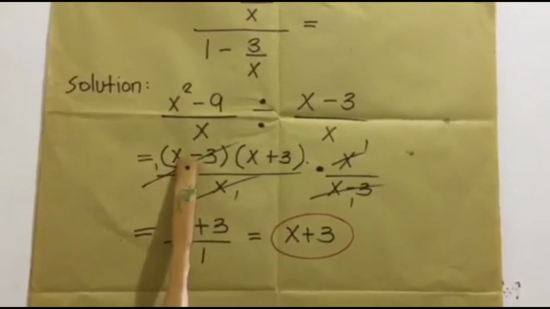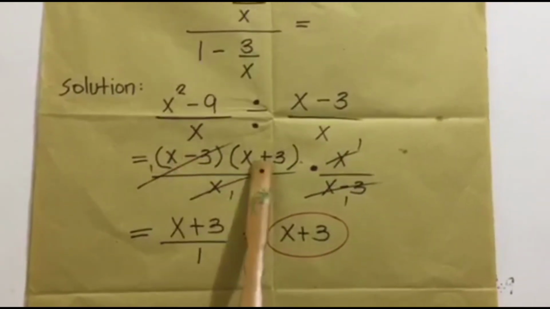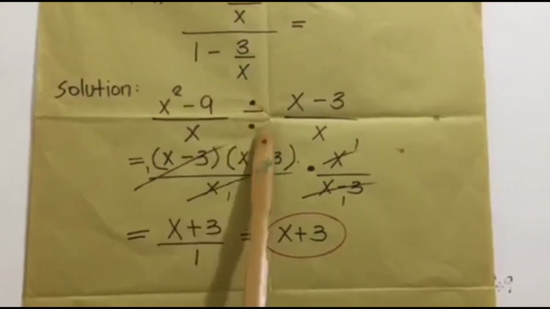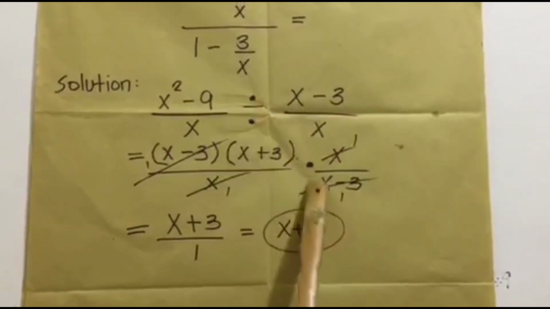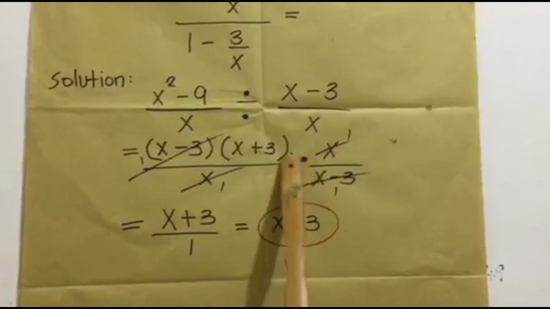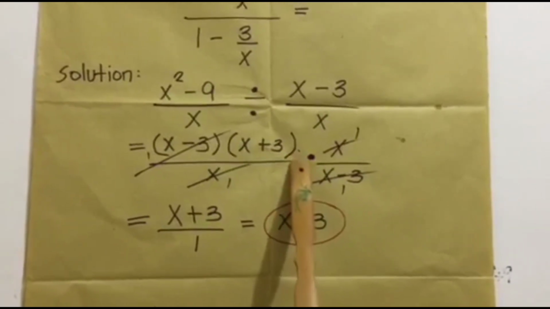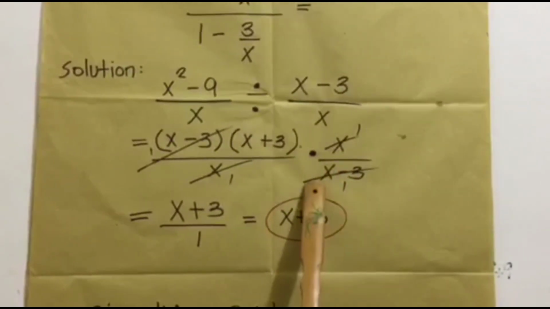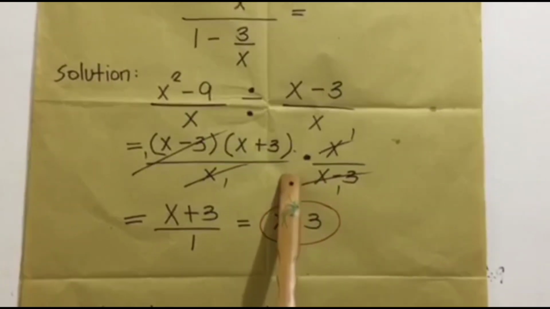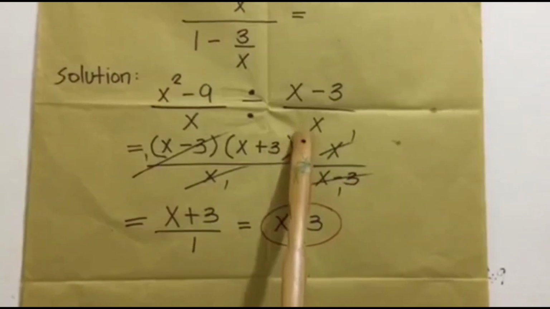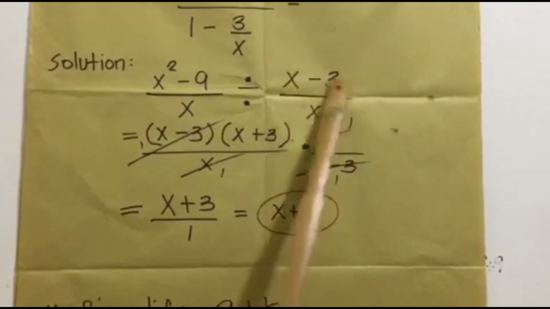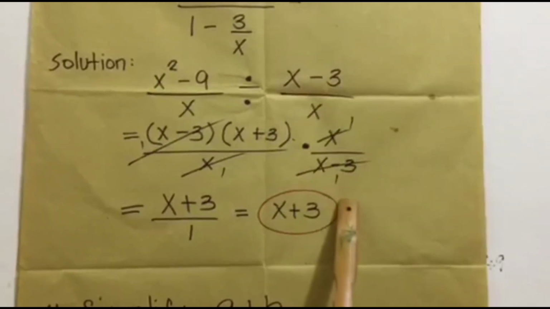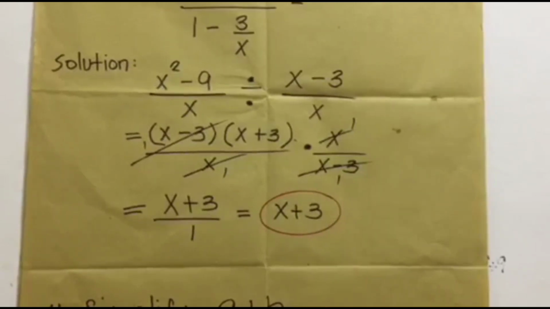Our pattern is 1 negative and 1 positive. Then this symbol changed to a multiplication symbol, and we're going to inverse this rational expression because we're using the reciprocal method. The numerator becomes the denominator, and the denominator becomes the numerator.